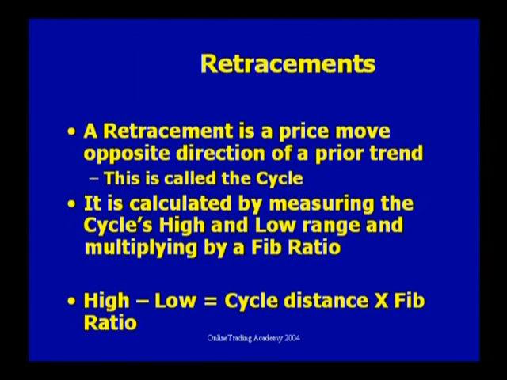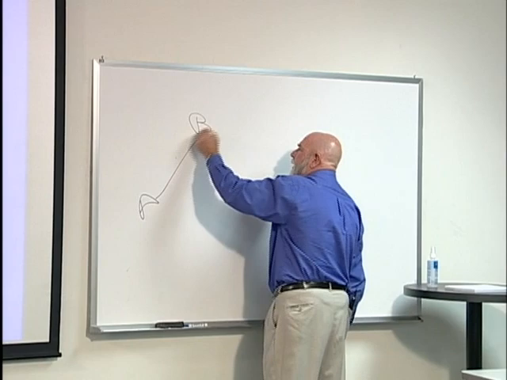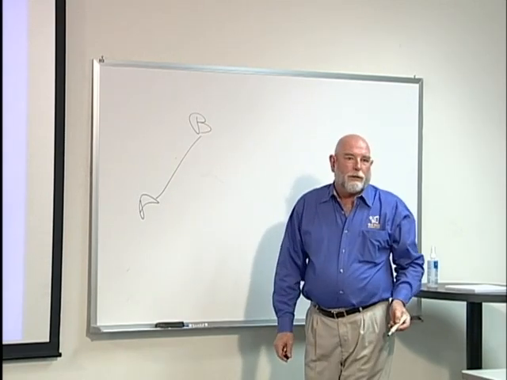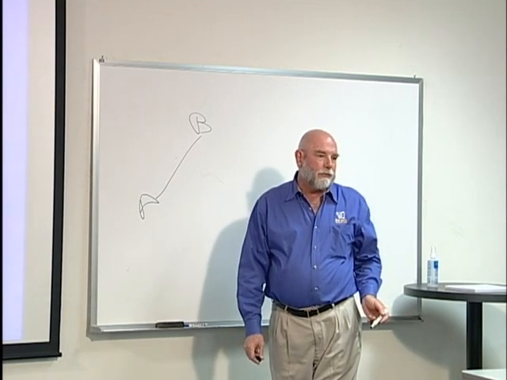Now, a retracement is a price move in the opposite direction of a prior trend. We have to develop the cycle. The cycle is the trend. So if I put it up here on the board, and you'll see it on the slides as well, if we have a move from A to B, a trend, the difference between here is what we call the cycle difference.